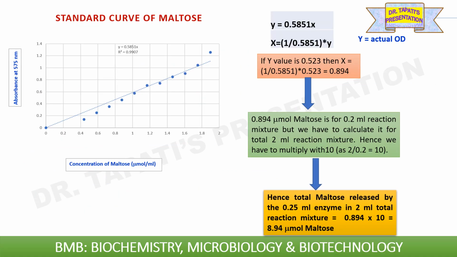Hence the total maltose released by 0.25 ml enzyme in the 2 ml total reaction mixture is equal to 0.894. This is 0.894 for the 2 ml reaction mixture, and we are multiplying it with 10, that is equal to 8.94 micromole maltose present in the 2 ml reaction mixture, and in the 2 ml reaction mixture 0.25 ml enzyme is present.